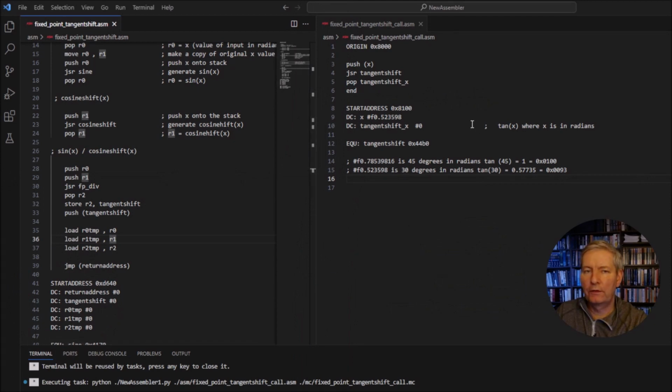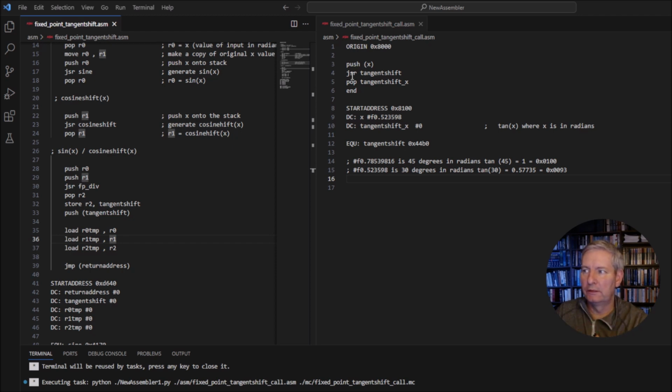So on the right we have the calling function, on the left we have the subroutine. So all we're going to do is take a value for our x in radians. In this instance here we were looking at 30 degrees, which is 0.523598 in radians. So we've got this value in here, and we're going to push that value into the subroutine.